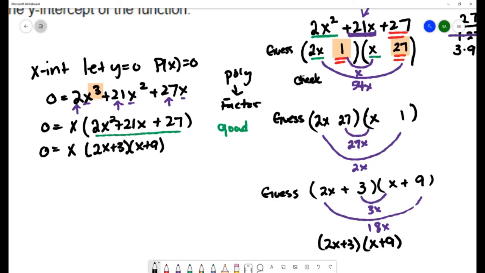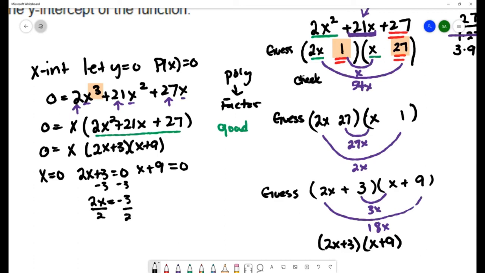I can now solve this equation with the zero product property, setting each factor equal to 0. x equals 0 is one solution. I'll subtract 3, that gives 2x equals negative 3.